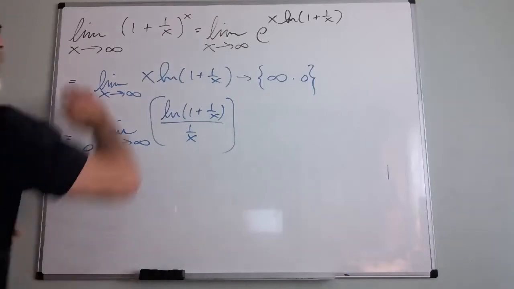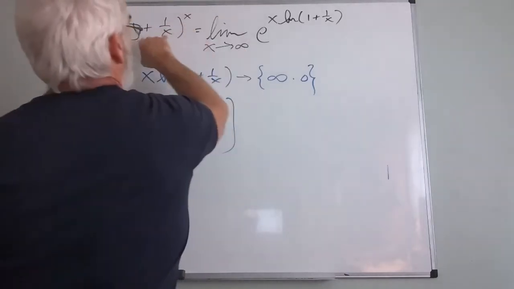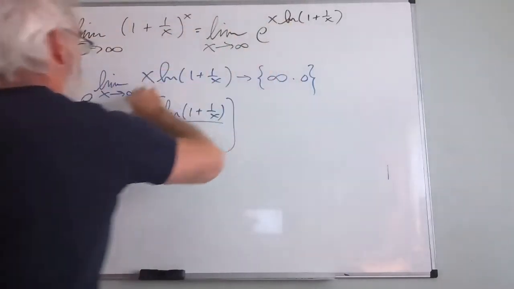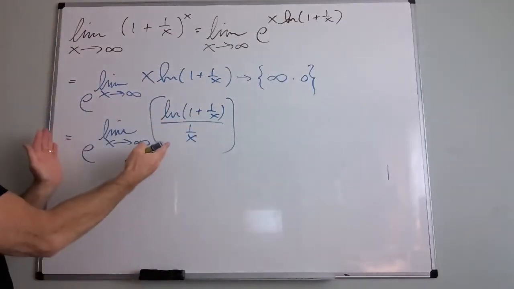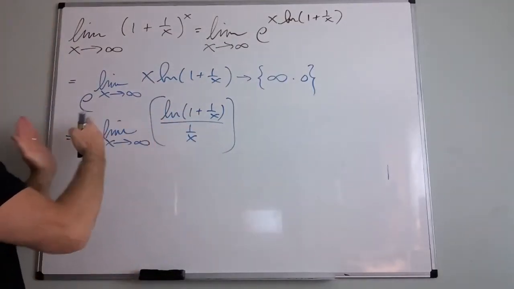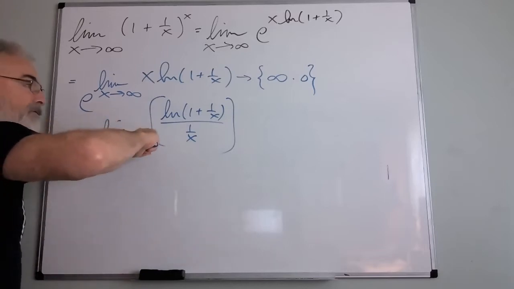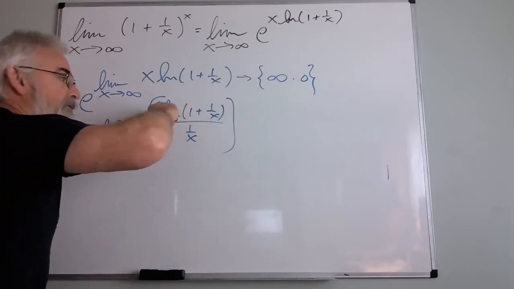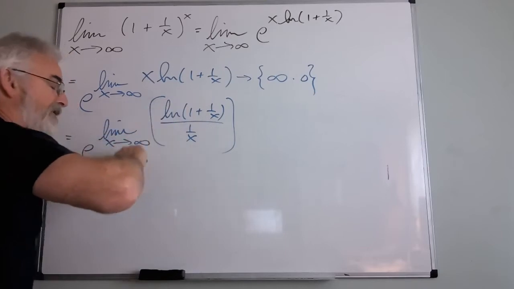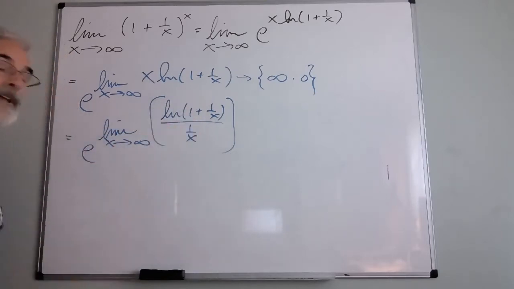So if I covered up the word limit, yes, this quantity is equal to e to the log of that quantity, and so on. All of the quantities are equal if I cover up the word limit, so now I can evaluate. As x grows without bound, this is approaching log of 1, which is 0, and the denominator is also approaching 0. So this is a 0 over 0 form this time.